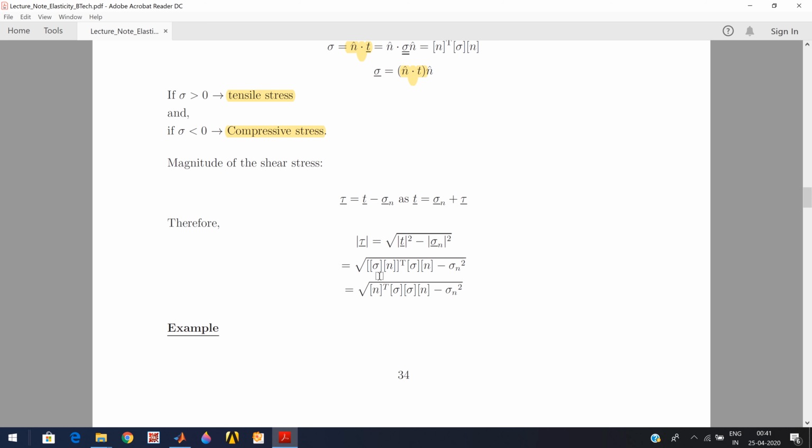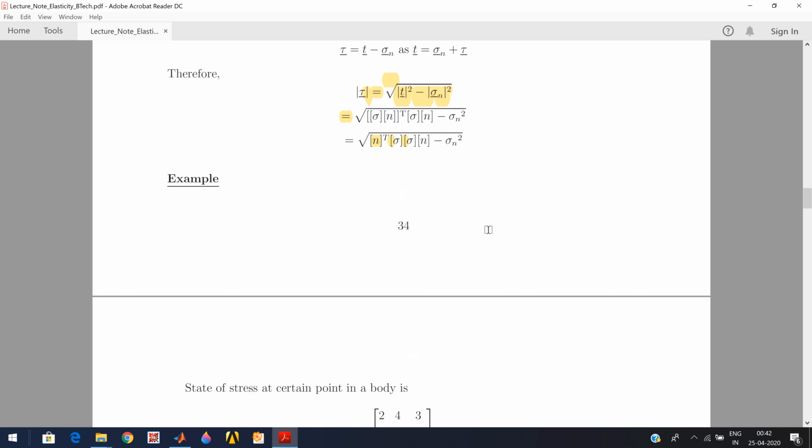And t dot t is sigma n transpose times sigma n in matrix form. And since we are considering sigma as symmetric, it is n transpose sigma sigma n. So this is a formula you can remember when we would like to compute the normal stress component sigma and the shear stress magnitude tau.